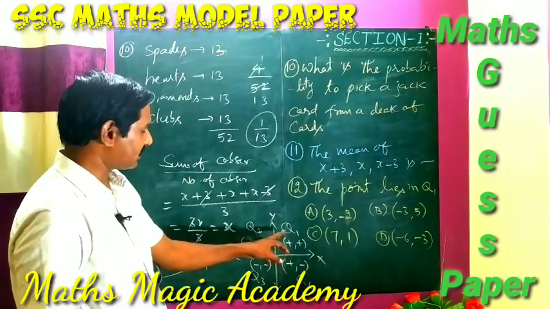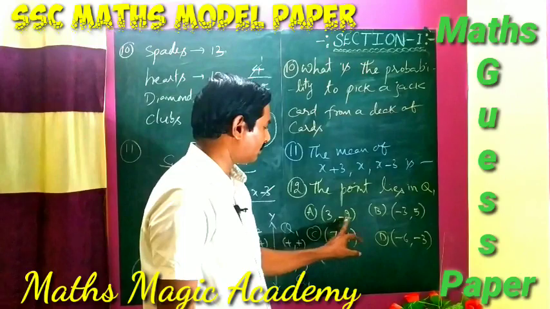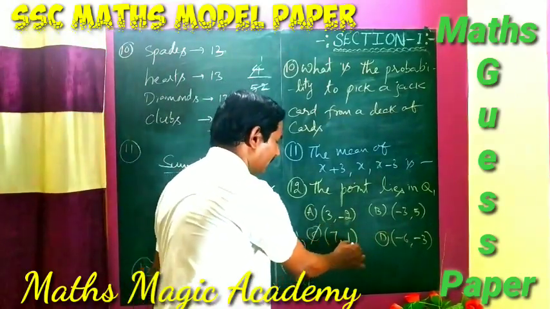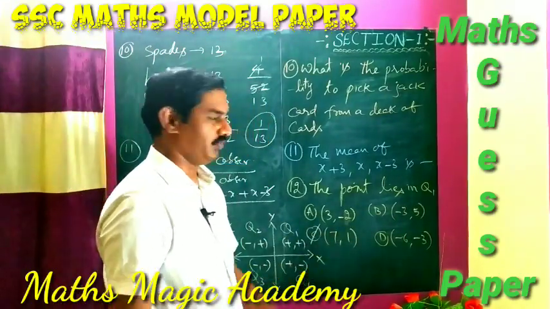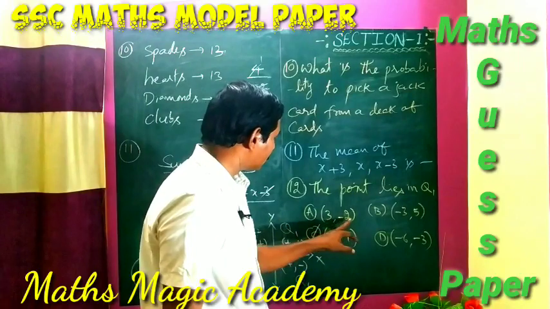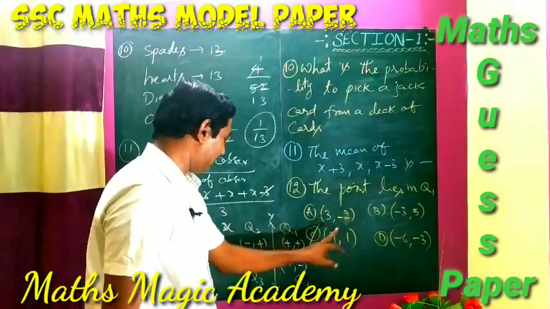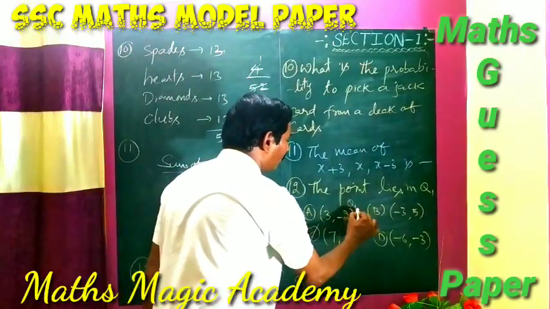Now what are they asking? Q1. Q1 is what? Both are positive. Here both are positive? No, this is also not. It is this C where both are positive, 7 and 1. So the correct answer is 7 and 1. And 3 comma minus 2 belongs to which quadrant? It is plus minus, so which quadrant? It is Q4.